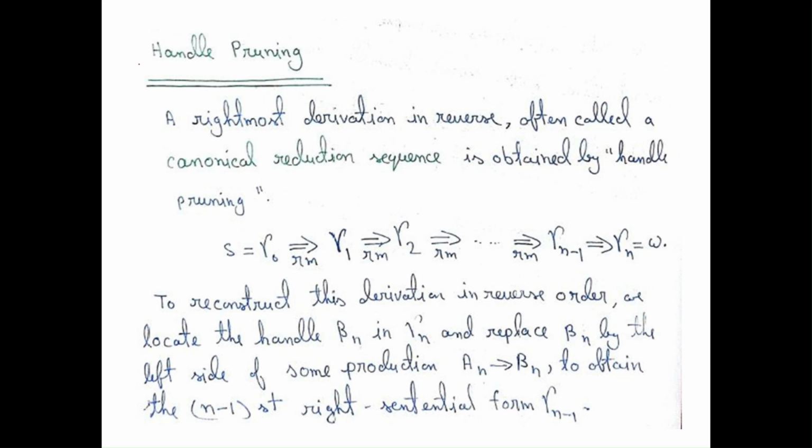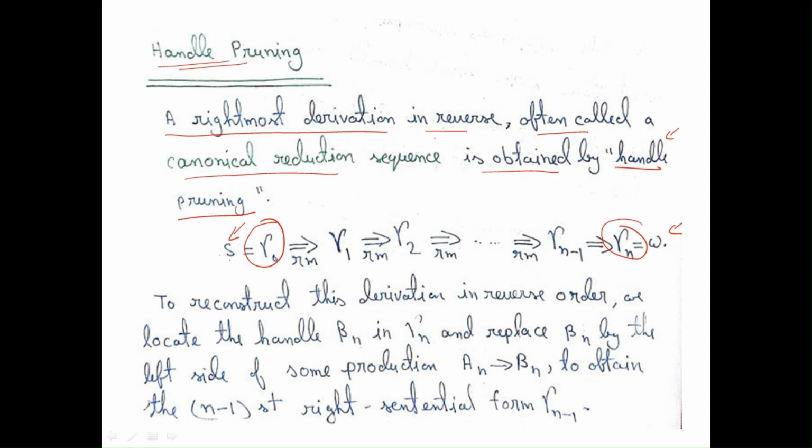Now coming on to this process, handle pruning. A rightmost derivation in reverse, often called a canonical reduction sequence, is obtained by this process that is known as handle pruning. Suppose we represent the rightmost derivation in this fashion, starting with the start variable, we reach the string or sentence of the language. S is represented by gamma 0 and w is represented by gamma n.